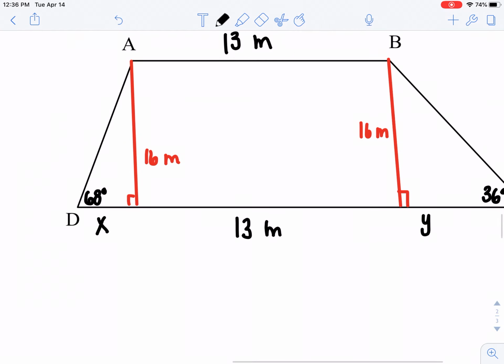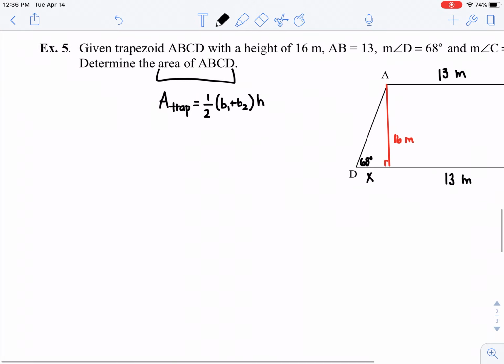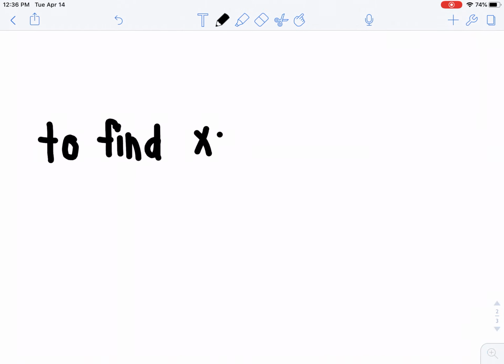We see that we have an angle measure and a side length in right triangles, meaning that we can use trig to solve this. So off to the side, let's say to find x, well, let's draw that triangle for ourselves so we have that to reference.